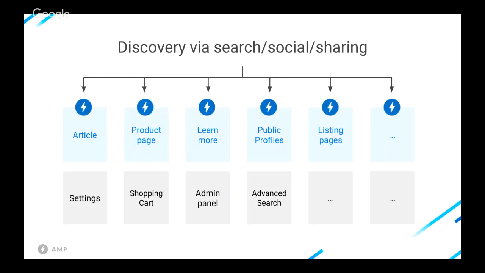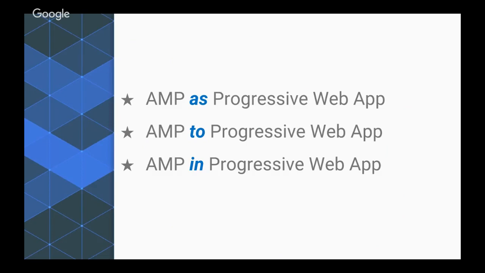But everything that comes after that might potentially be a PWA. I think that's a good way to summarize it. In detail, there are three ways of actually combining those two frameworks.